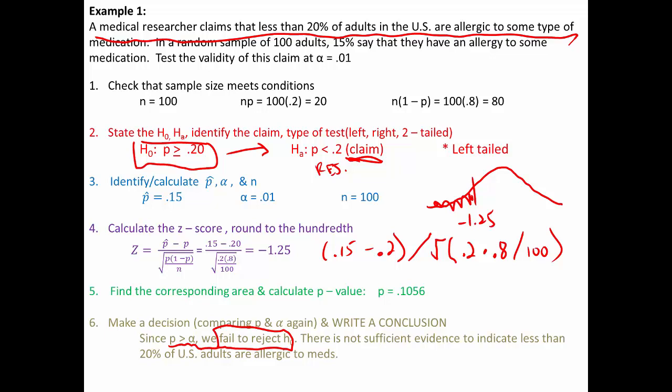So I'll say it one more time. We fail to reject this. That means we reject this in a way, but I don't want to say it that way. What we want to say then is, since it's a fail to reject, it's a rejection of this. More importantly, it just says there's not enough evidence to support it, because that's what a rejection means. All right, and it's in terms of what the claim was to begin with.